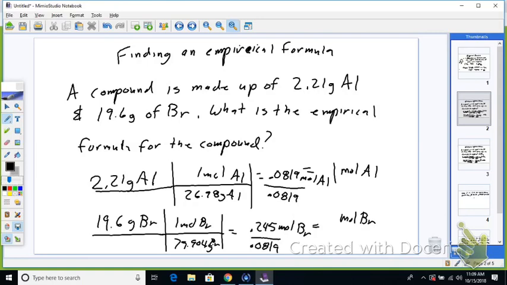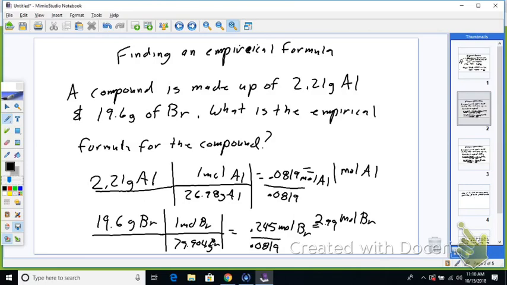Then you divide this one in, and you get 2.99. Do you think that's close enough to 3 that I can make that 3 moles of bromine? Yes. If you got a number like 2.98, 2.97, or 3.02, we can round down or round up, and that's what we'll do on that one.